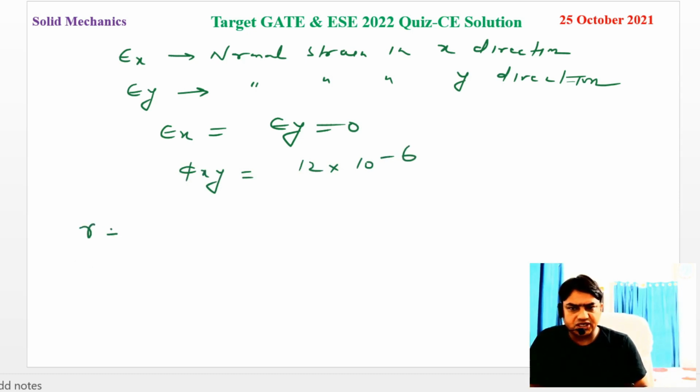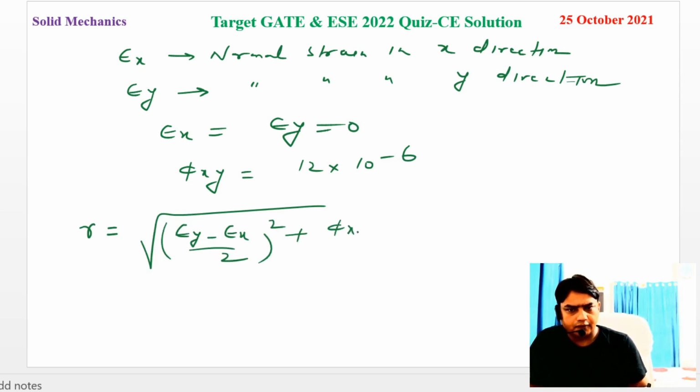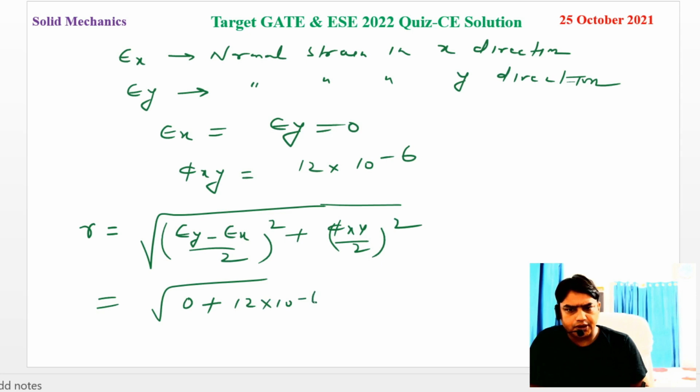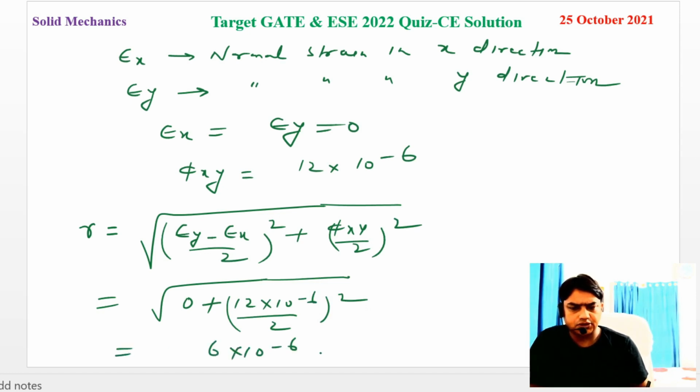So the radius of the Mohr circle can be computed as the square root of (epsilon y minus epsilon x by 2) whole square plus (phi xy by 2) whole square. So it will be 0 plus (12 into 10 to the power minus 6 by 2) whole square, so it will be 6 into 10 to the power minus 6.